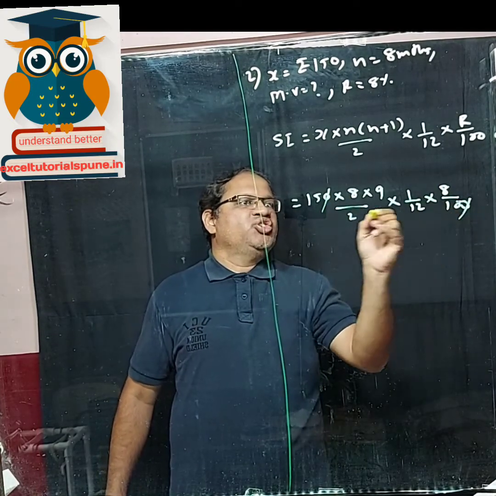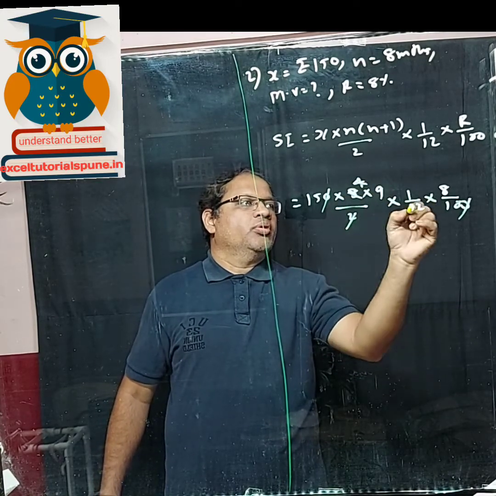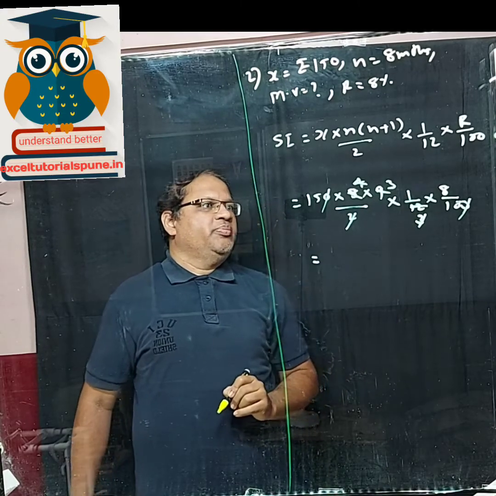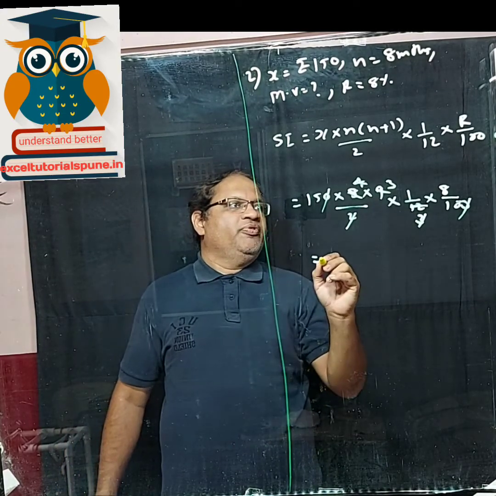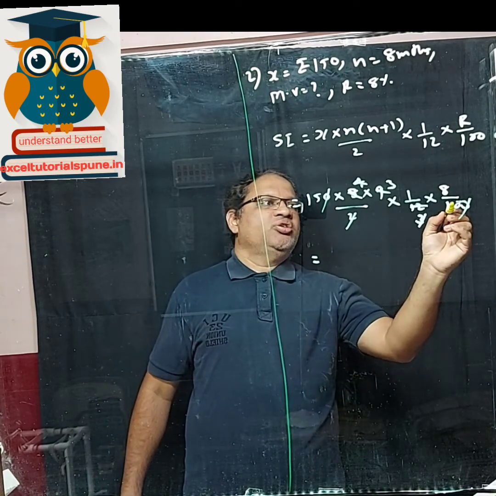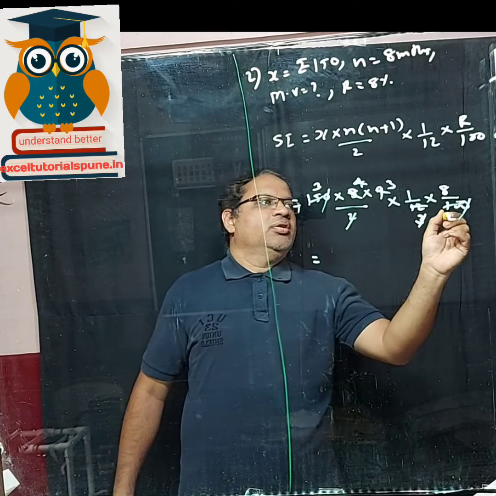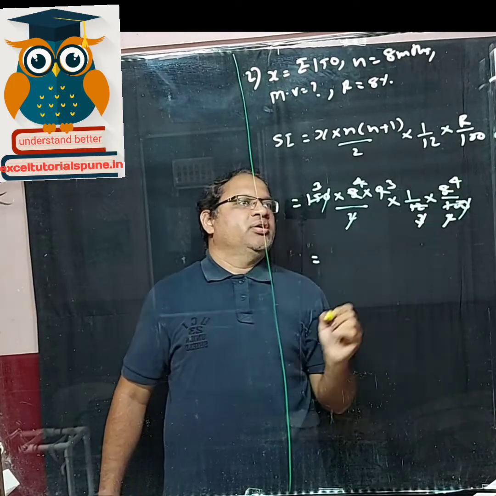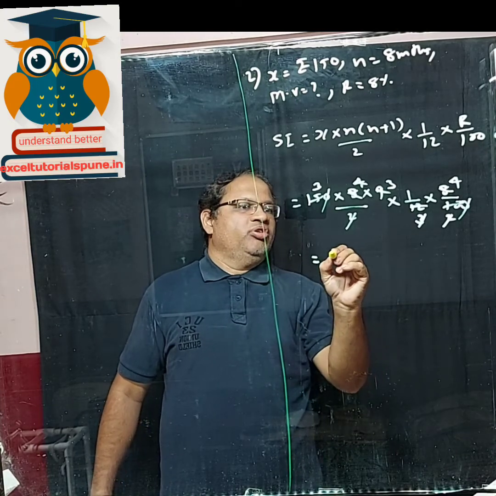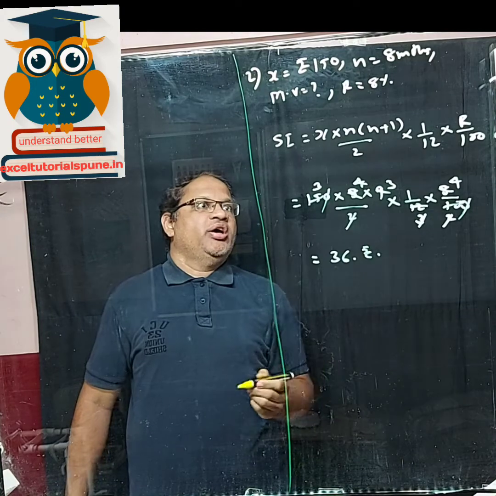Go for cancellation. So it will be 15 into 24. 100 is also there. 5 2s are 10, 5 3s are 15, 2 4s are 8. We get 36. Okay, 36 rupees is your SI.